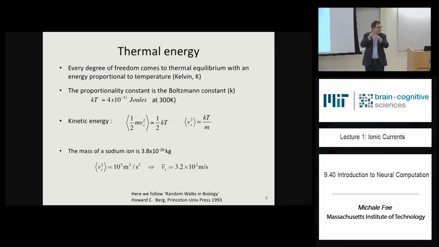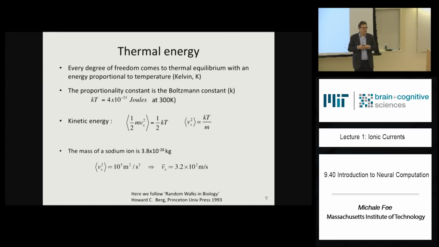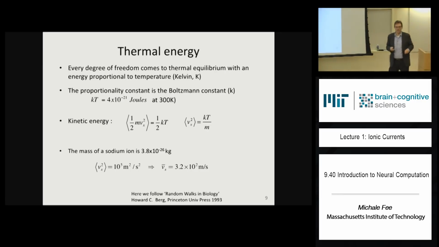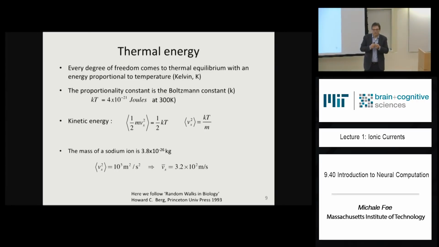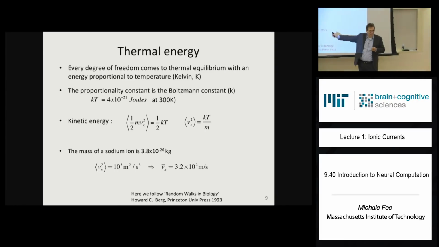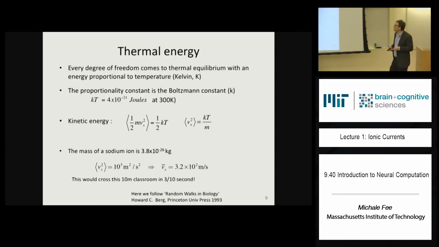So that means that air molecules, which have a similar mass to a sodium ion, are whizzing around at 300 meters per second. That would cross this room in a few hundredths of a second. But of course, that's not what happens. Particles don't just go whizzing along at 300 meters per second. What happens to them? They crash into each other constantly.